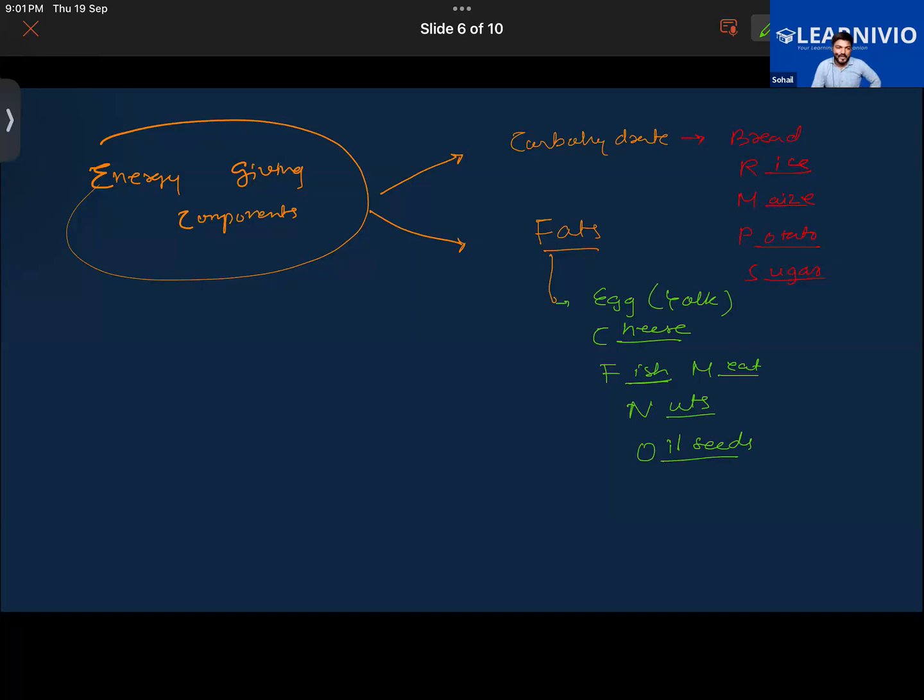Okay, all right. Answer some more questions for me. Which component of the food helps in building the body cells and muscles? Basically, which one of them is responsible for building the cells of the body?